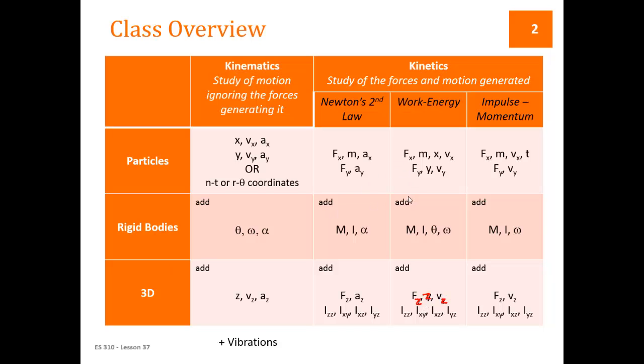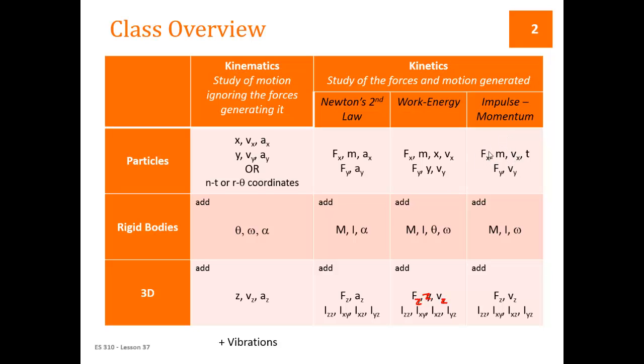When we added rotation, we had rotational work and rotational energy, and so we added the moment of inertia, theta, which is the rotational distance, and omega, rotational velocity. The final method we looked at for kinetics was impulse momentum, and impulses are forces acting over times.